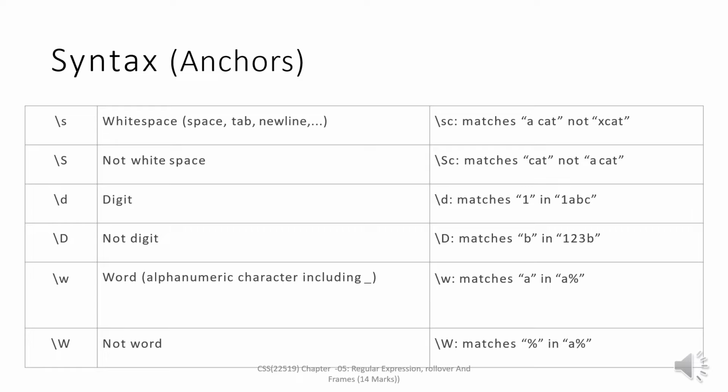It will match a single digit or a digit with alphabets. Then \D is not a digit, it matches the B in 123B. \w is a word character, alphanumeric, matching the A in A%. Capital \W is not a word character.